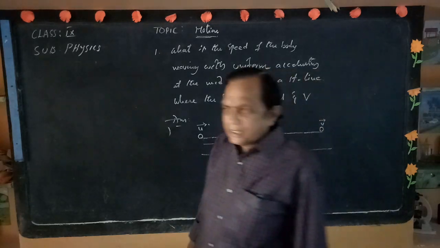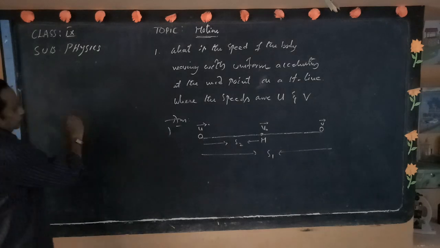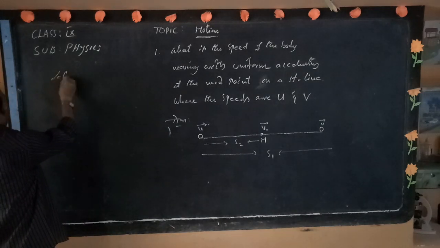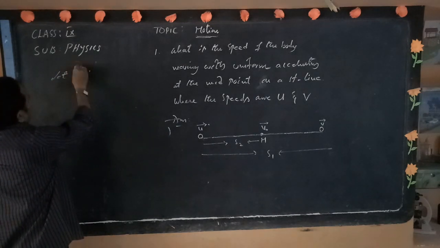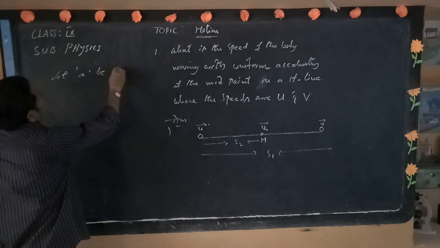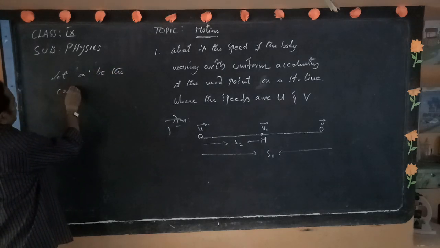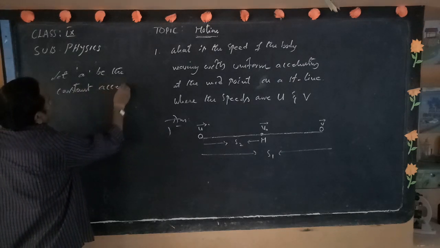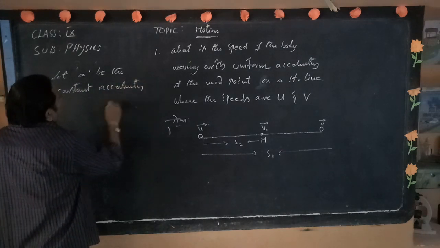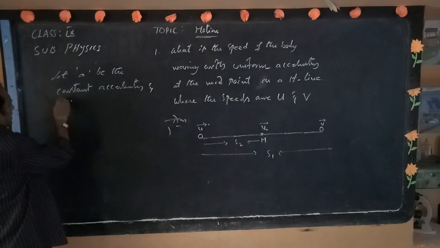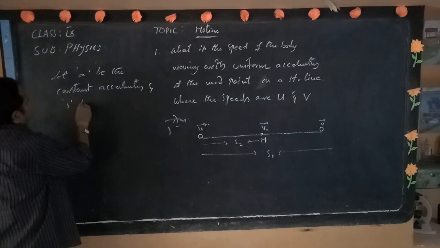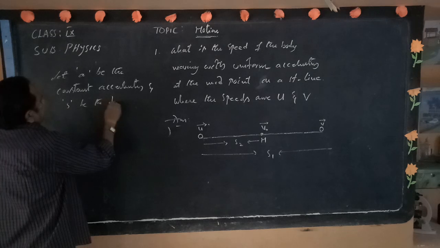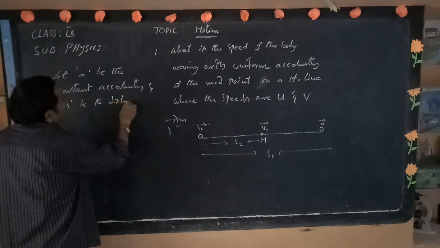What equation do we have to get? In the solution, let A be the constant acceleration and S be the distance between the 2 points.